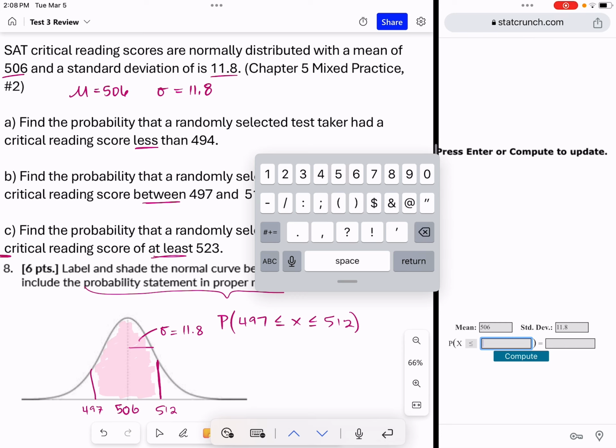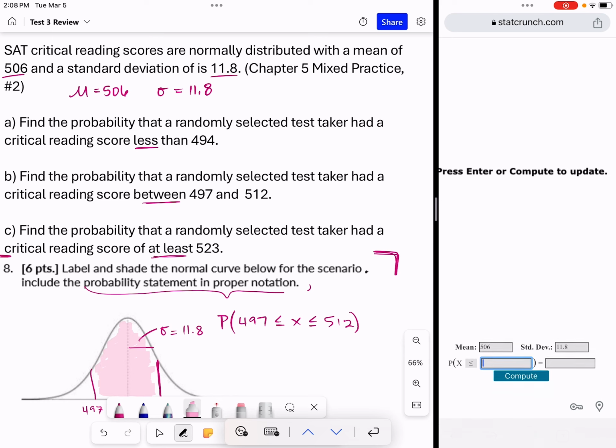But I do need to put in my X value. So this was the probability that X is less than 494.